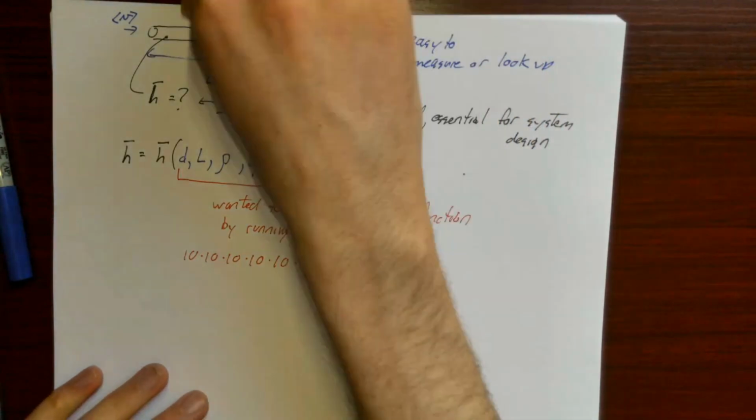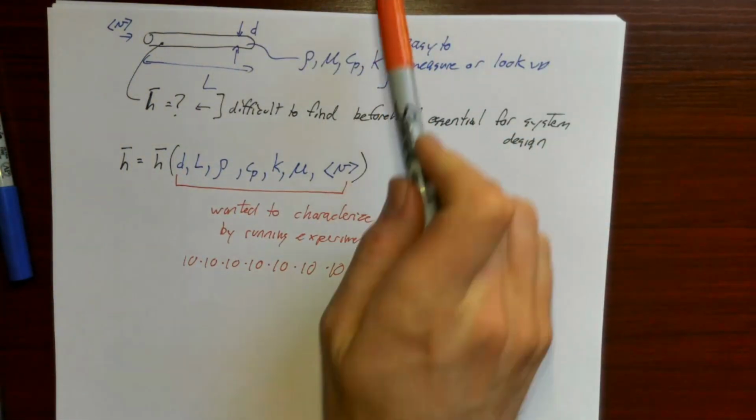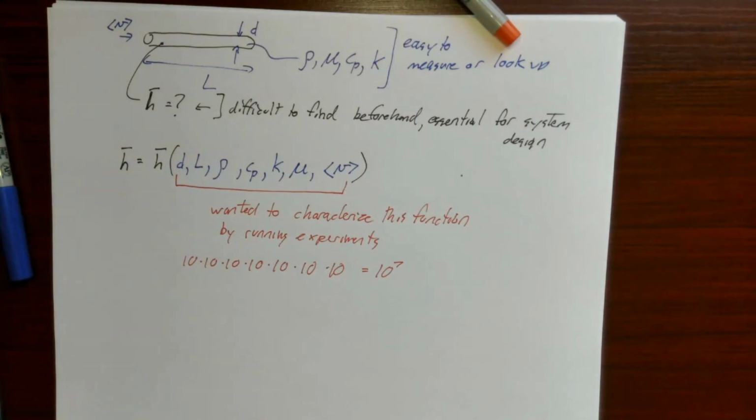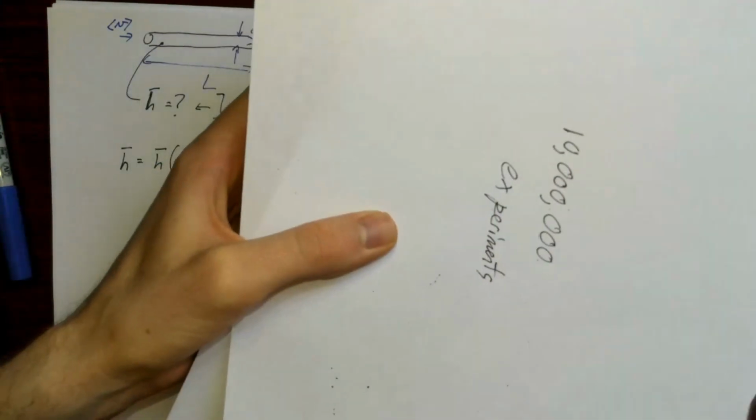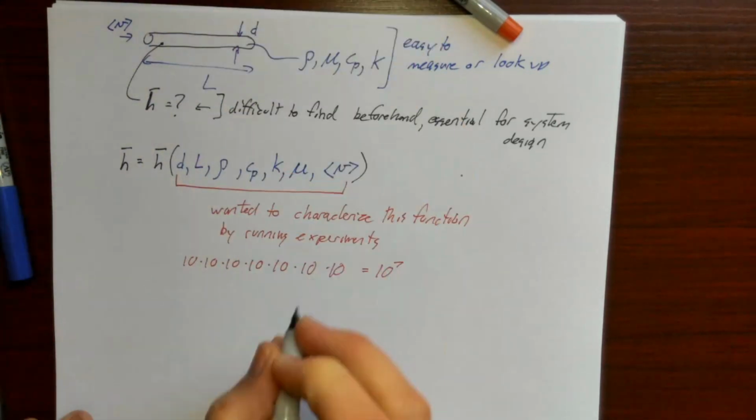Where are we going to go in the rest of this lecture? This would be too many. 10 to the 7th experiments is the whole ream of paper, right? That's this much experimentation. What if I told you that there was a way to cut this down by 4 orders of magnitude? Well, it turns out there is.